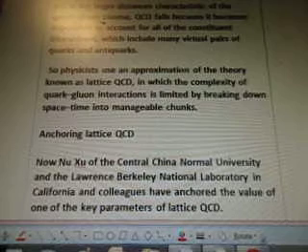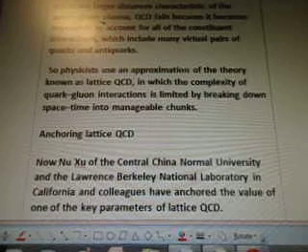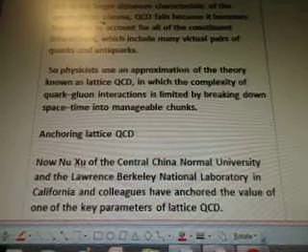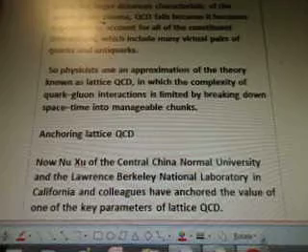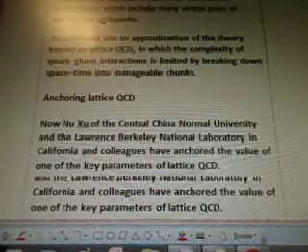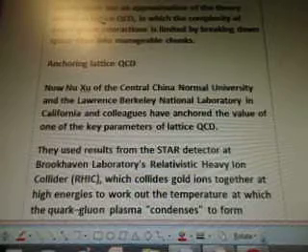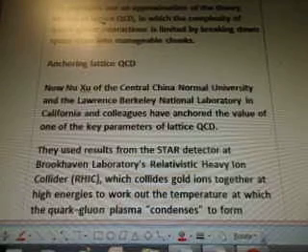So physicists use an approximation of the theory known as lattice QCD. So there's another keyword, lattice again, in which the complexity of quark-gluon interaction is limited by breaking down space-time into manageable chunks.